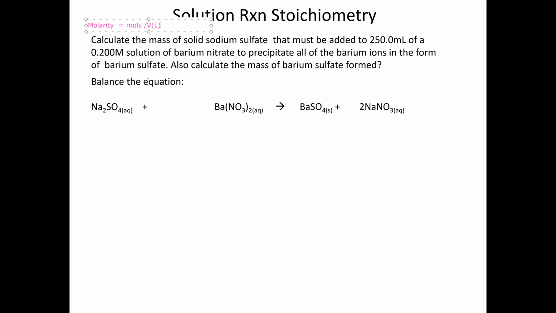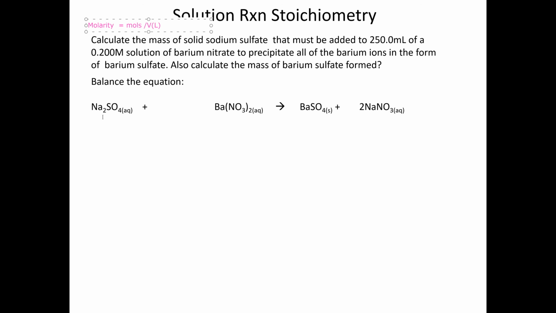If we look at this, we want to calculate the mass of solid sodium sulfate that must be added to 250 milliliters of a 0.2 molar solution of barium nitrate to precipitate out all the barium ions in the form of barium sulfate. And then calculate the mass of barium sulfate formed. You need a balanced chemical equation, which is what we have.